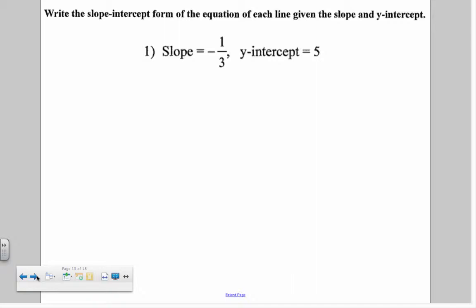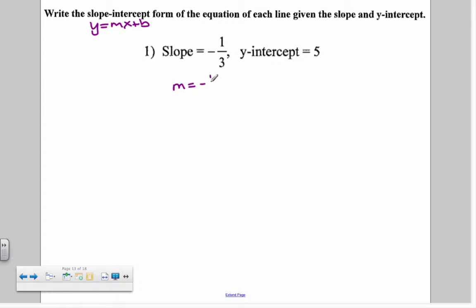So we want to write something that's in slope-intercept form, and if we remember, slope-intercept form is y equals mx plus b. So we need to write something that's in y equals mx plus b. From our previous video, we remember that our slope is the m in our slope-intercept form.